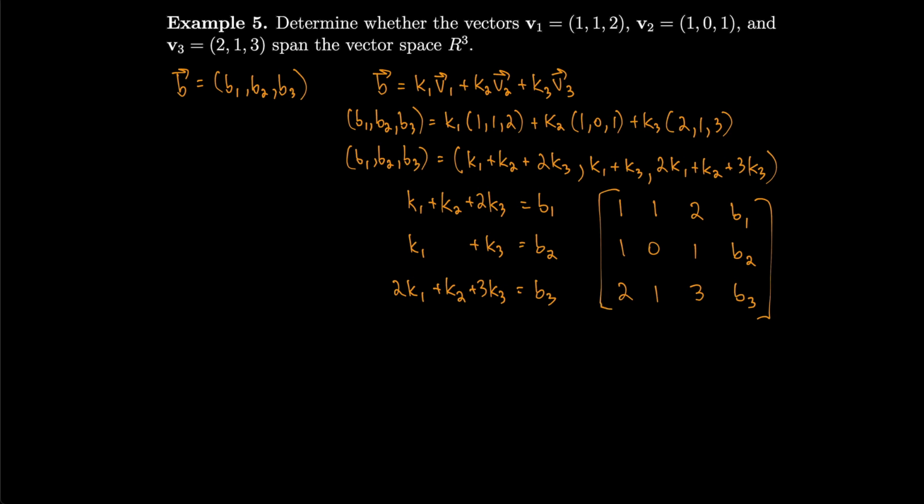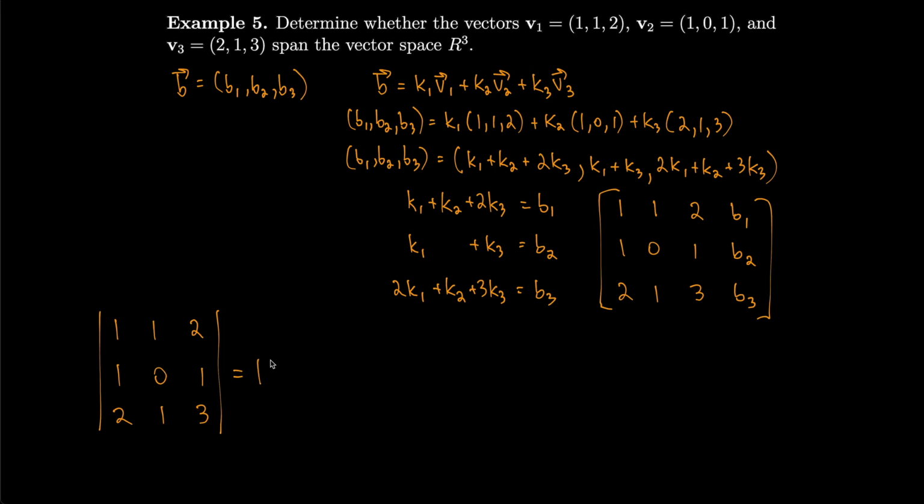Let's get the determinant of this guy. So that's 1, 1, 2, 1, 0, 1, 2, 1, 3. I'm only taking the determinant of the left part of the augmented matrix. So that's going to be 1 times 0 times 3 minus 1 times 1.